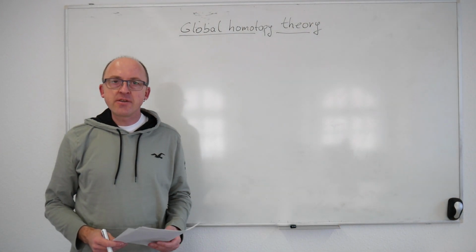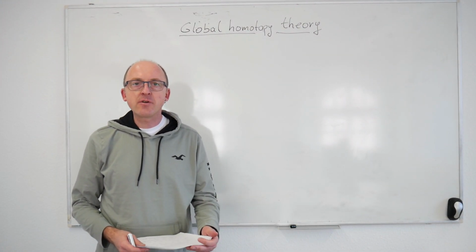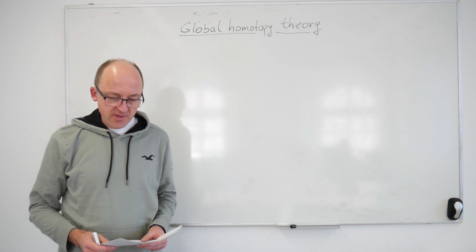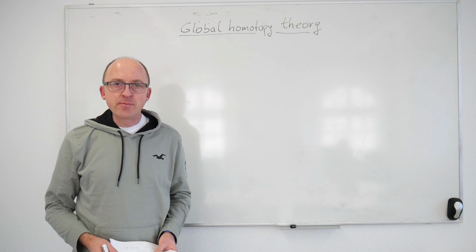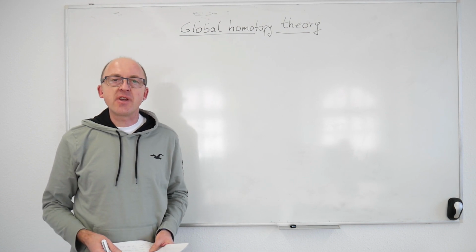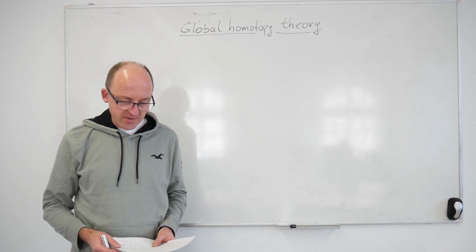As I already mentioned, global homotopy theory studies equivariant phenomena that exist in a uniform and coherent way for all groups, where all groups for us will usually mean all compact Lie groups. In some specific situations, it could also mean a proper subclass, such as, for example, all finite groups.